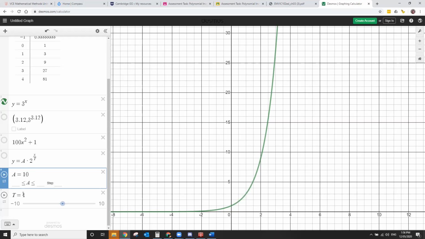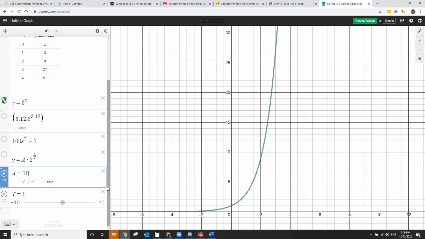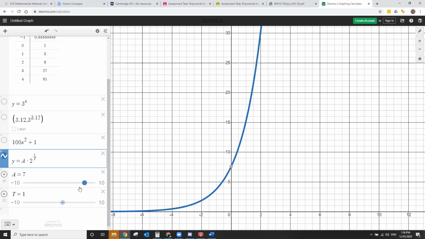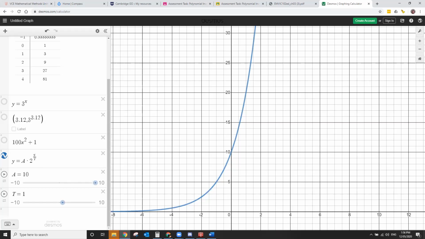Let me put A on the board. Here we go, that's our blue curve that we're talking about. So A tells us what the y-intercept is going to be. It gives us the value of our exponential when the exponent is 0.